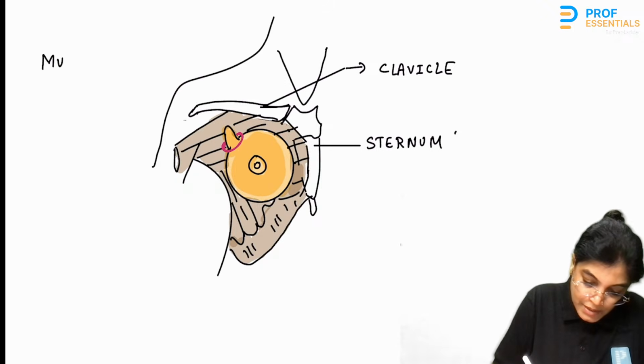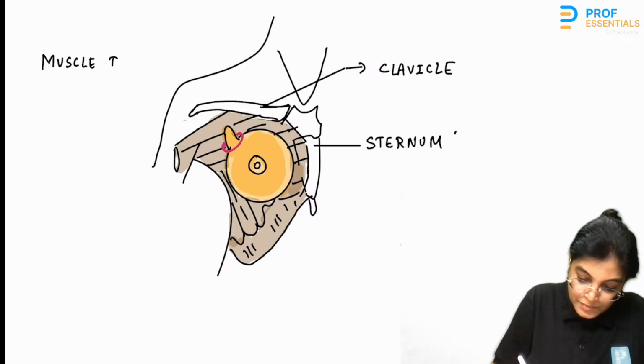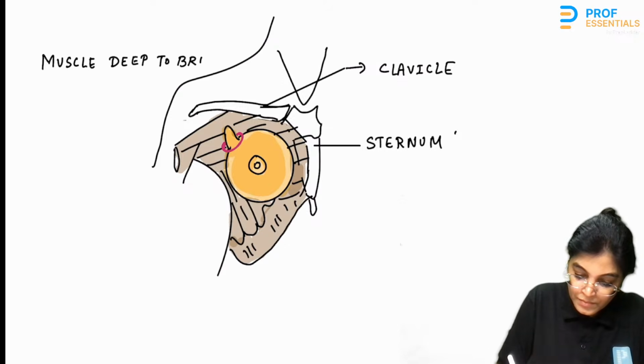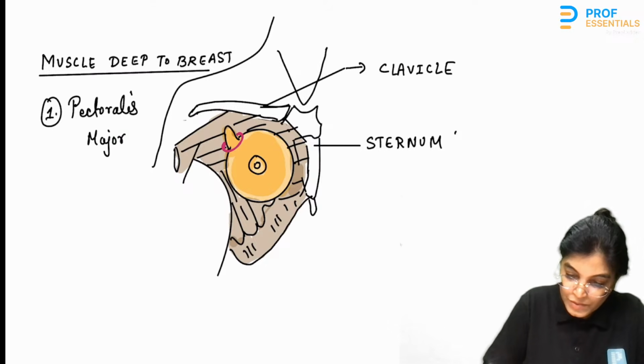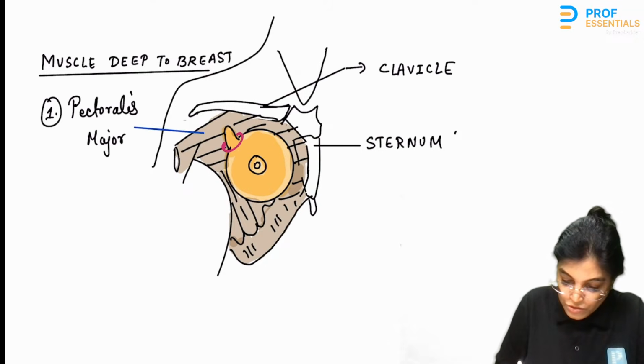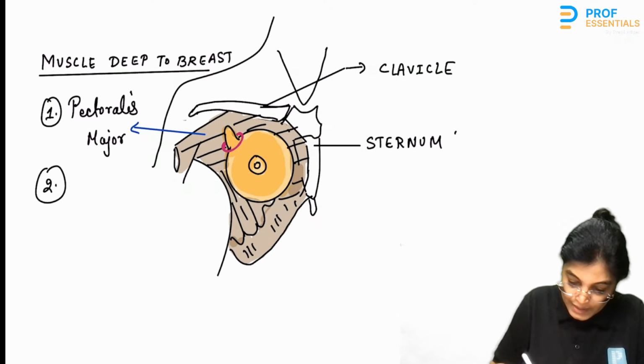Now here you can write the heading: muscles related, or muscles deep to breast. The heading is muscles deep to breast. So we have got three muscles. The first is pectoralis major muscle, which is the major muscle. The second is serratus anterior muscle.